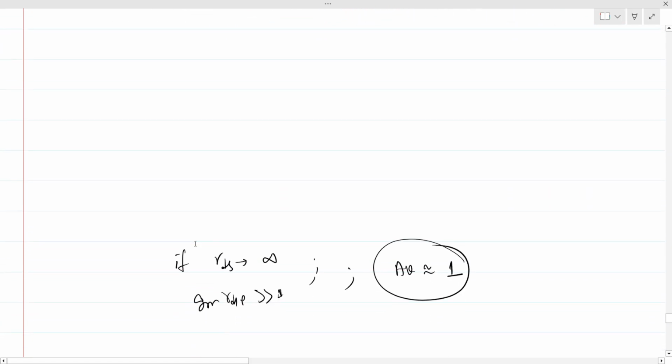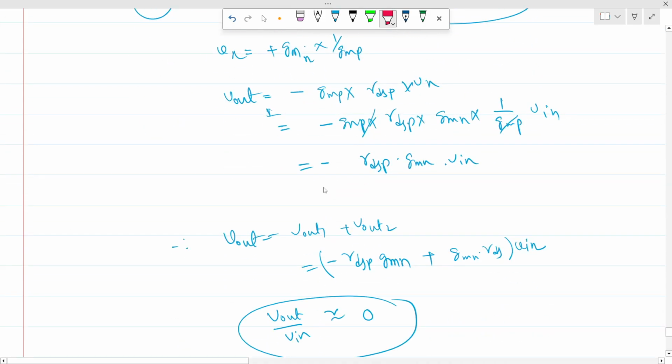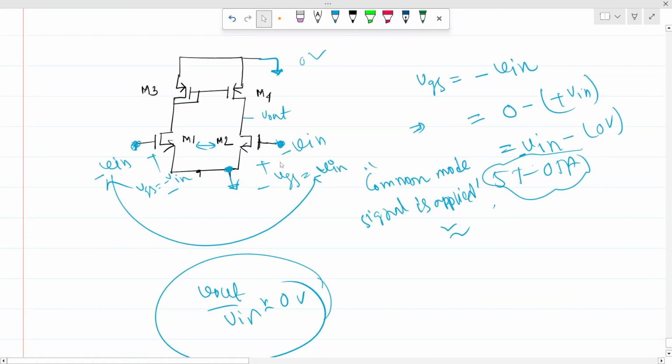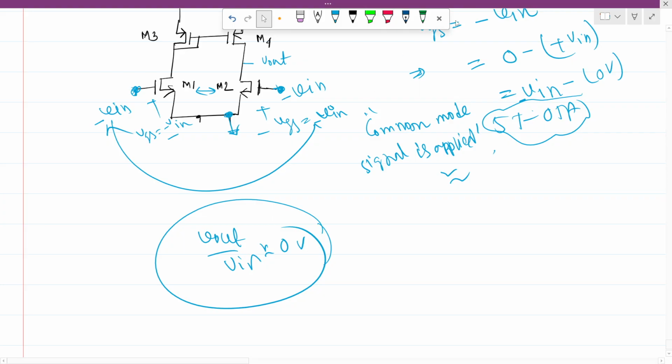Then I have shown two signal paths from V in to V out, one from here to here, and another from here to here, and then the two output voltages should be added, so that we can get the final output. Again, similarly, we can use this model as a common mode signal of minus V in, then we can directly comment the gain will be almost equal to 0.